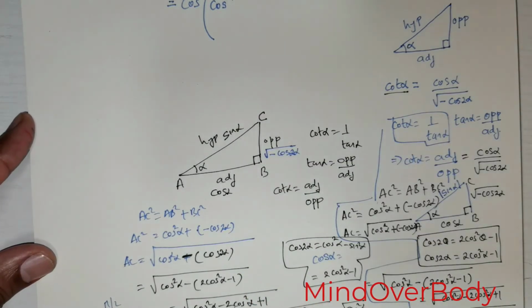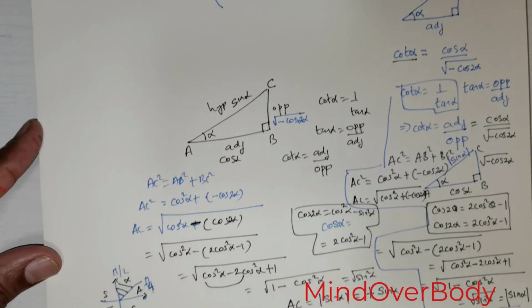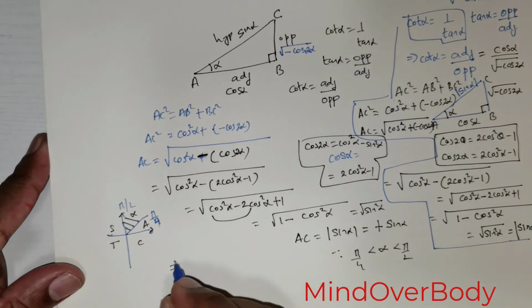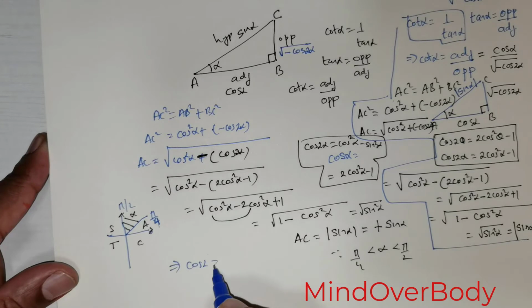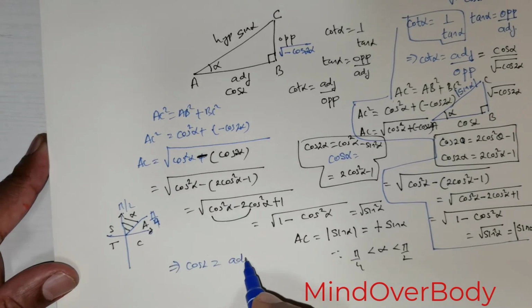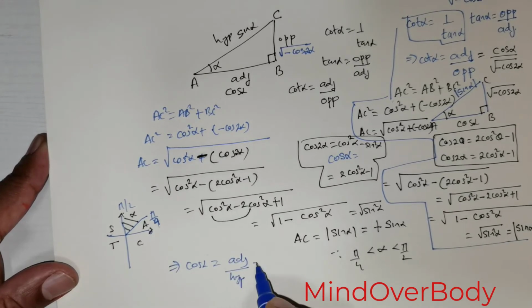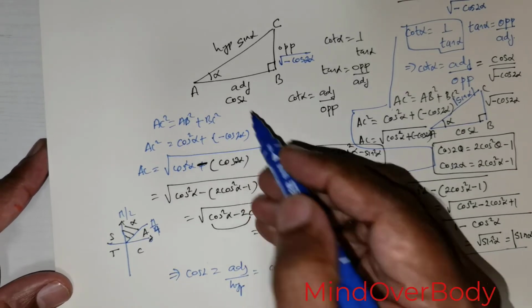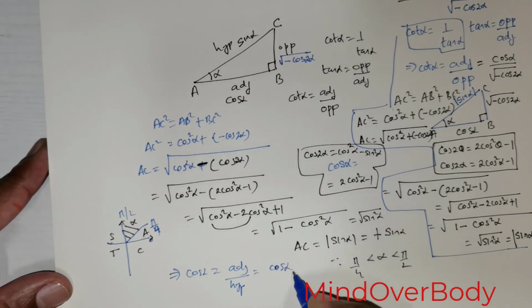That's it. Now we are interested in getting the value for cos. So from here, this would mean cos alpha, which is nothing but adjacent side divided by hypotenuse. My adjacent side is cos alpha and my hypotenuse side is sine alpha.